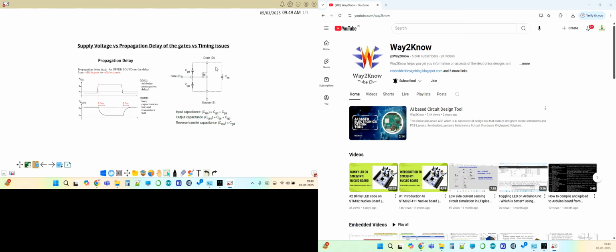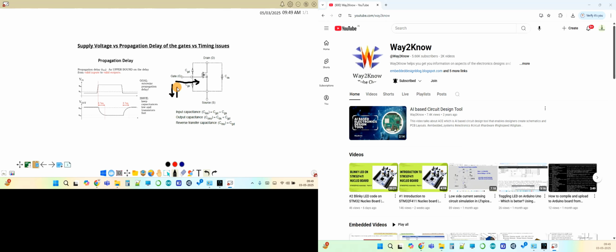Let us assume this is a MOSFET which is present inside, and this particular MOSFET has a gate control which is provided by some voltage level, right? This particular gate voltage level determines the switching speed of this MOSFET. The lower the voltage that is provided, the more time it takes for the output to rise to the required level because of the capacitance that is present.